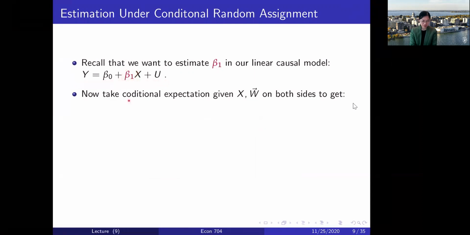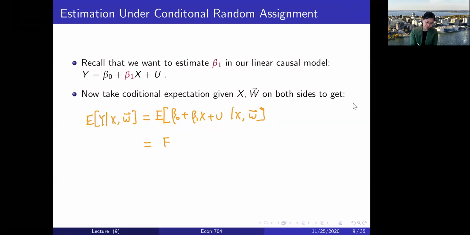Now take a conditional expectation given both X and W on both sides. So we're going to get conditional expectation of Y given X and W equals conditional expectation of beta 0 plus beta 1 X plus U given X, W. Now expectation of sum equals sum of expectation.